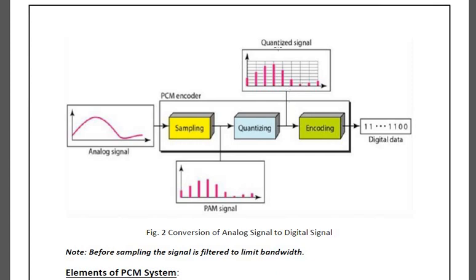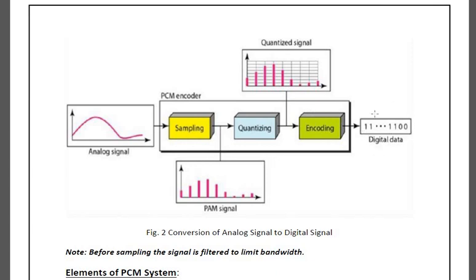Now this prefixed value or the quantized signal is fed to the encoder. This is the last block of your source encoder. The process of encoding involves allocating some digital code to each level, and these code levels are transmitted as a bit stream of data, given in ones and zeros.